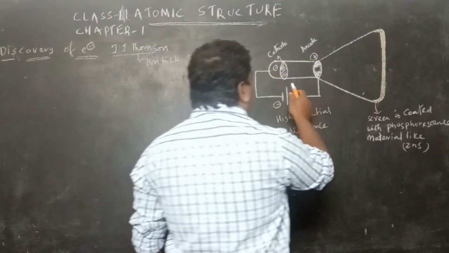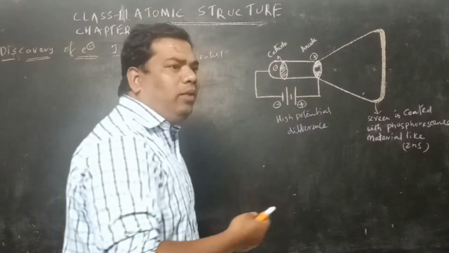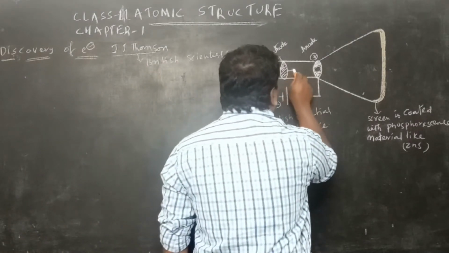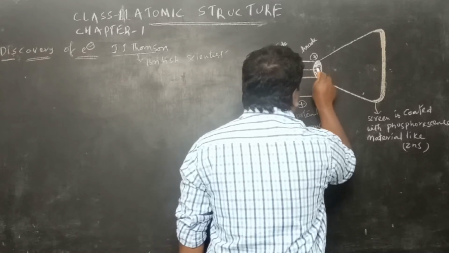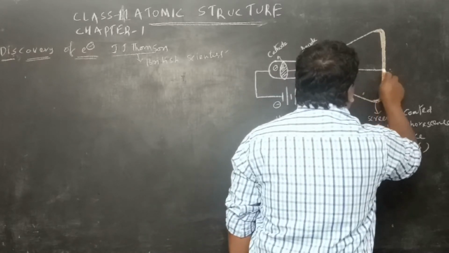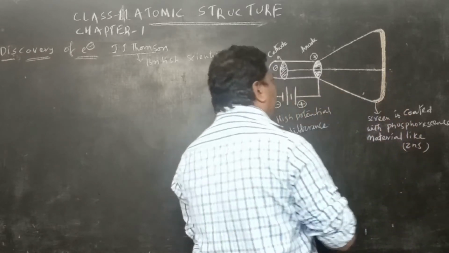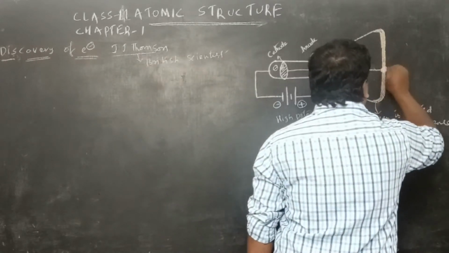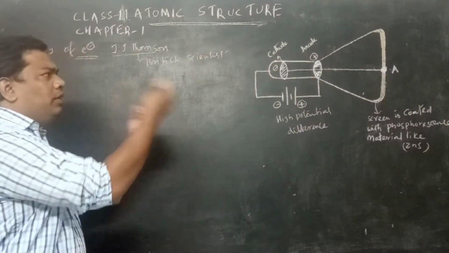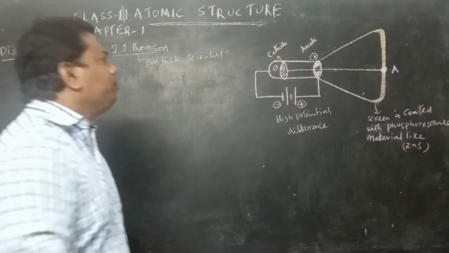When we apply the high voltage, the rays start from the cathode, travel to the anode, and hit the fluorescent material at a particular point, which we denote as A. So this is a regular discharge tube model.